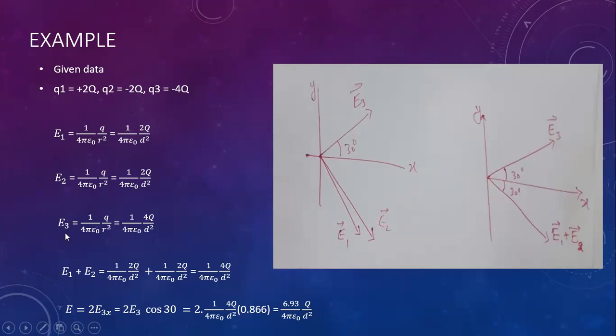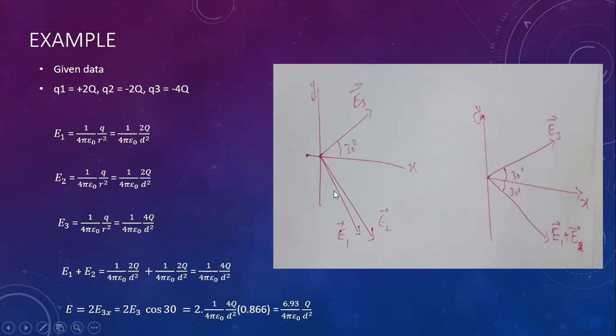To find E3, we will use the same relation, 1 over 4 pi epsilon naught q over r square. In this case, q3 is minus 4q, so the minus will be cancelled due to the mod, and the distance r is replaced with d. So we will have 1 over 4 pi epsilon naught 4q over d square.